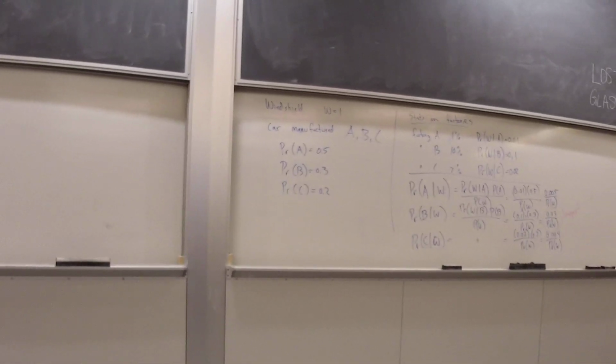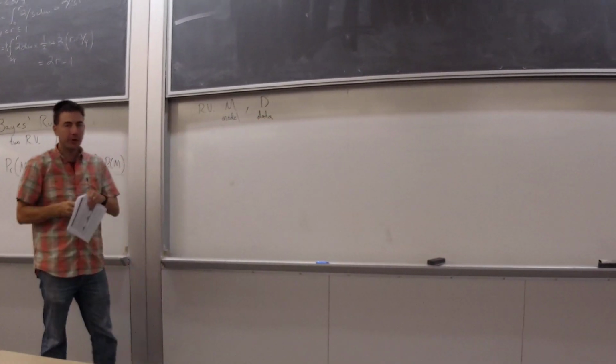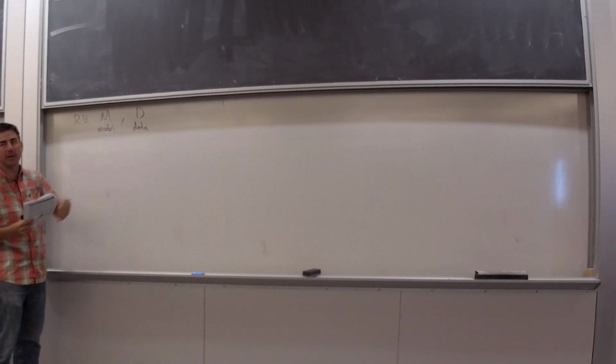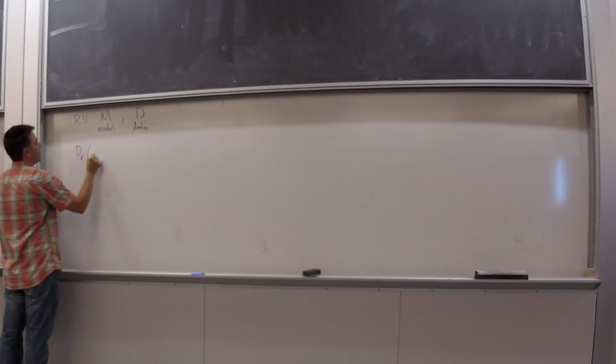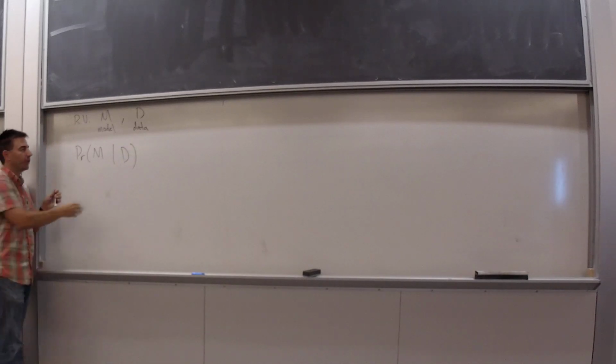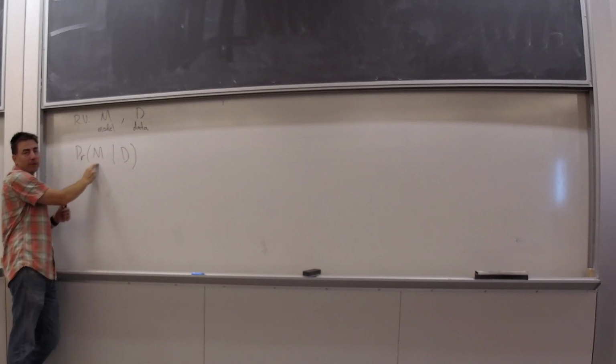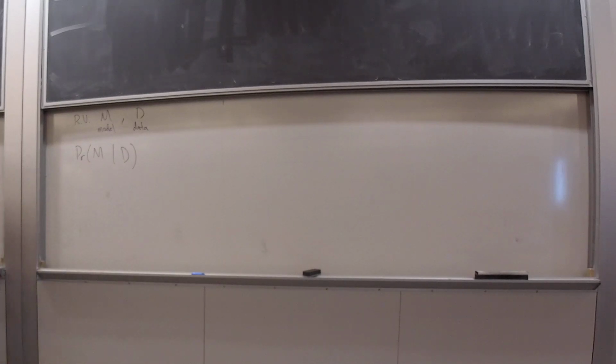So I'm going to have random variables M, which represents the model of my data, and D, which is the actual data. I've observed some data, so that's going to be given. I want to calculate the probability of a model given that I've seen some data. This data is now known to me, so I know what value it takes on. And I want to say, what is the highest probability model that represents the data?